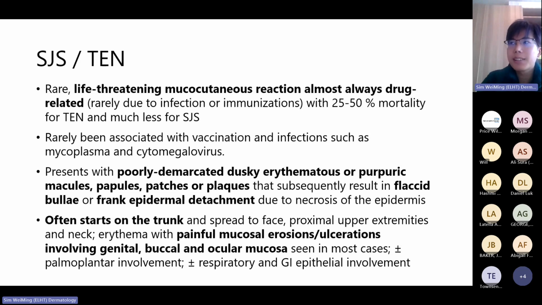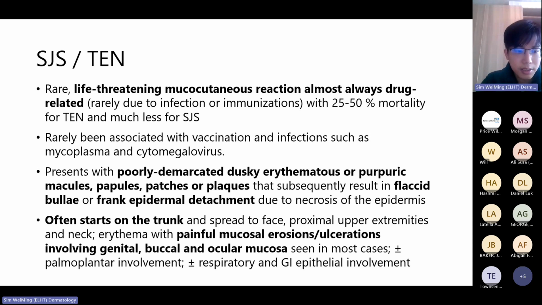So the dusky areas are representative of skin cells already dying, but not in that great an amount. This in itself could suggest that there might be incipient or underlying worsening that will soon progress to actual frank epidermal detachment. So if your medical team says, oh yeah, this person can be discharged, maybe ask them to think again if it's still looking very dusky and you're worried.